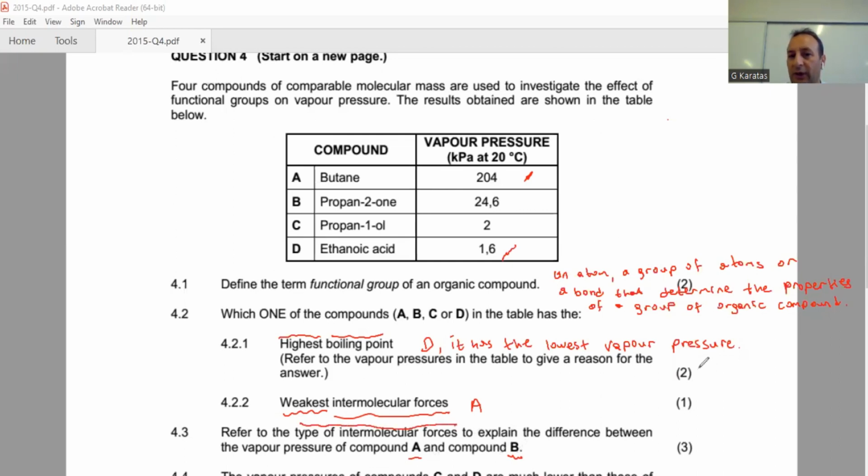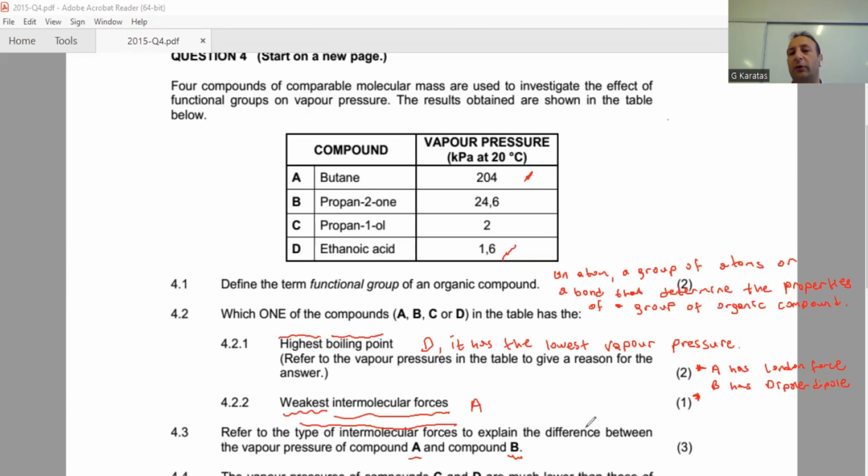Here, compound A is an alkane and it can form London forces only. But compound B is a ketone and it can form dipole-dipole attraction. So this is the first point.